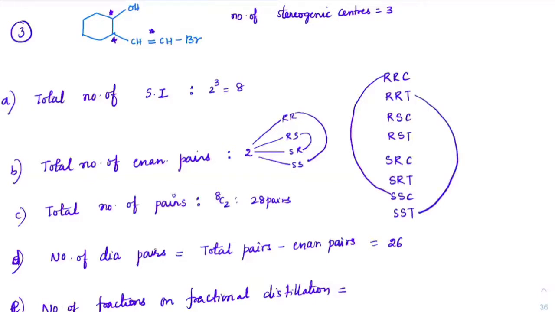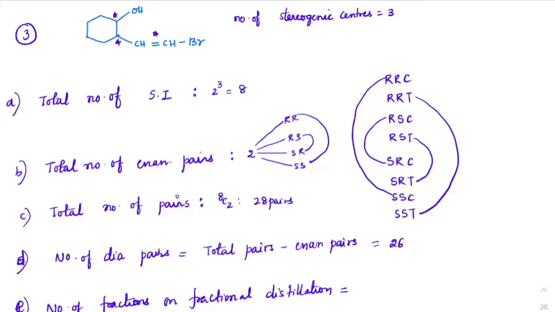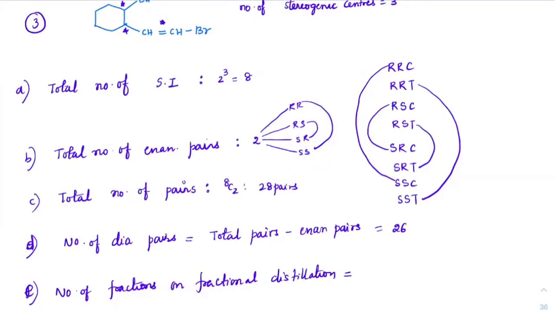Then only that is an enantiomer. Same way, RS cis and SR cis should be enantiomers, and these two should be enantiomers. Everybody got this? All of you understood that?